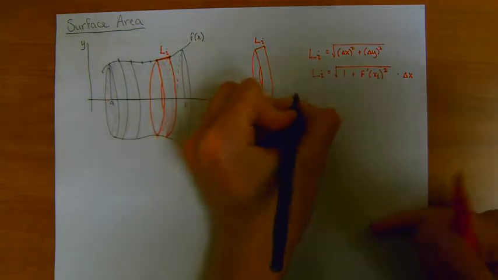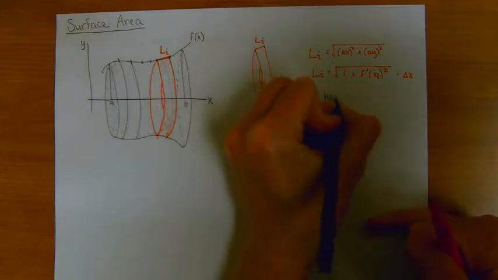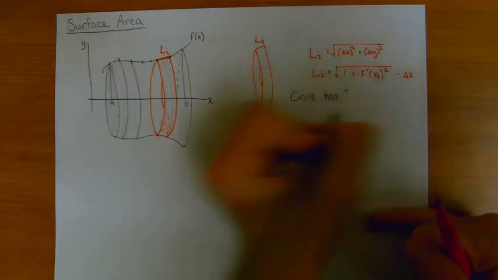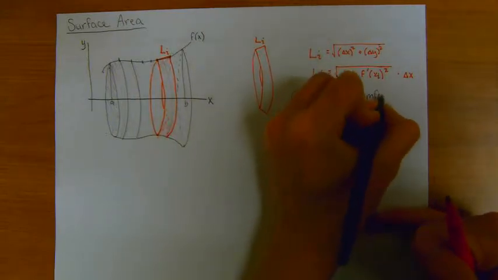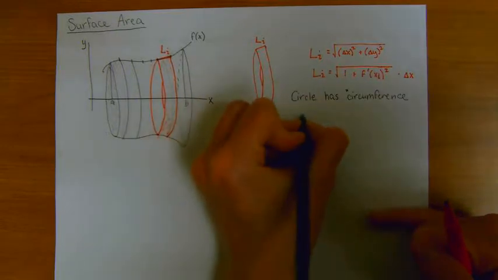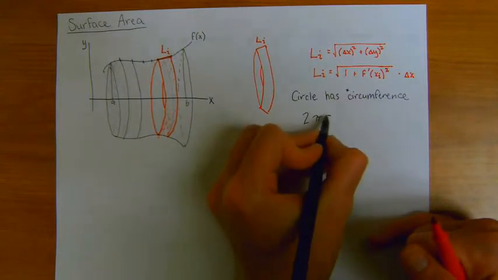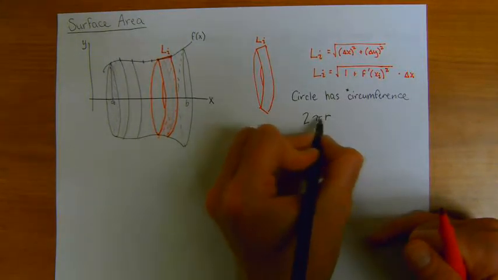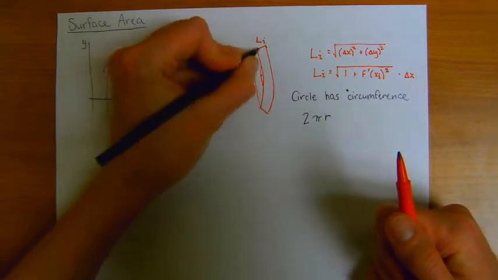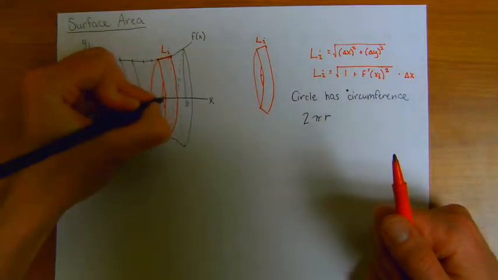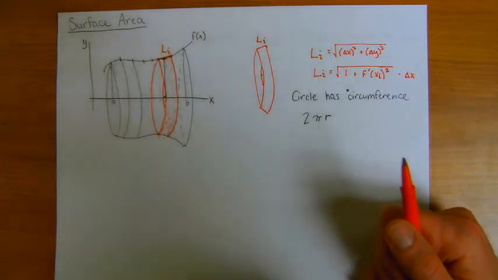A circle has circumference given by 2 pi r. And in this case, r is going to be the distance from the center of the circle up to the height, so r goes from here up to the function f of x.